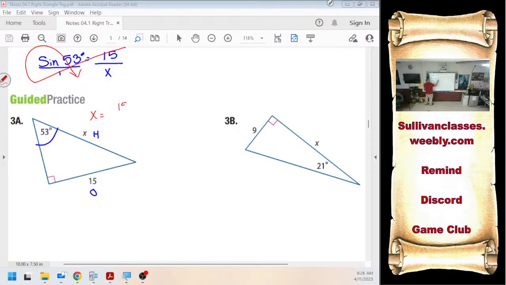X is 15 over sine of 53. And then you give me the approximation of it. 18.702.